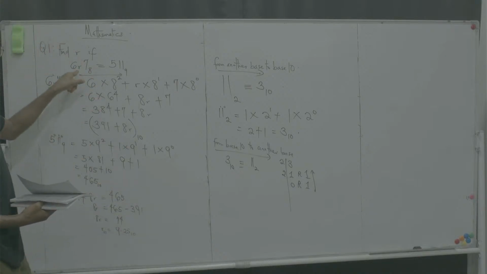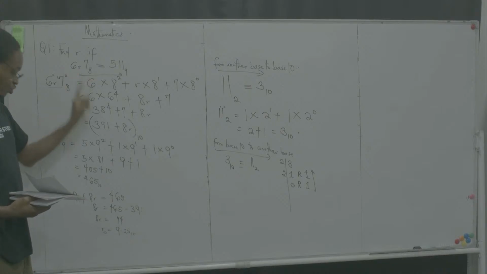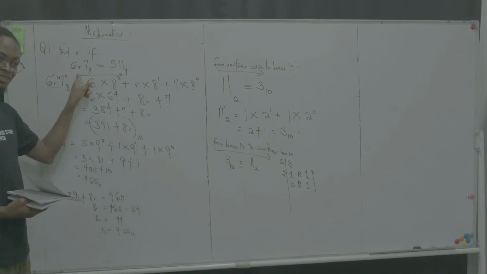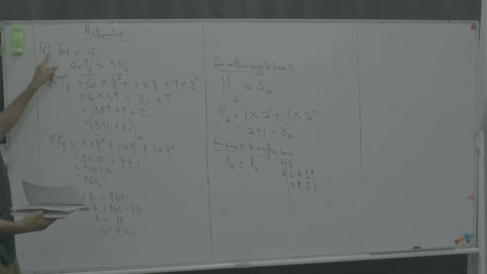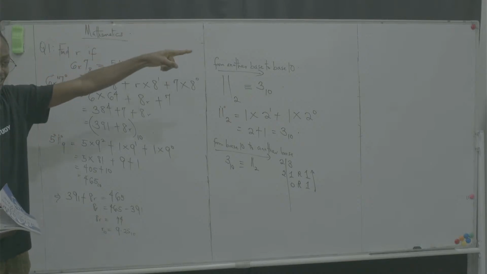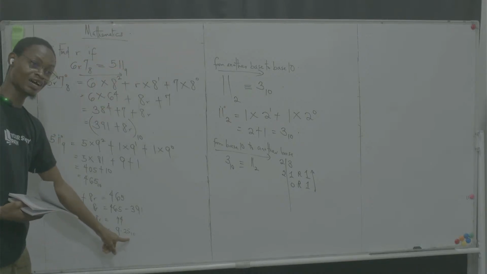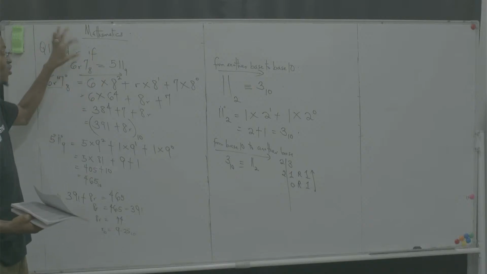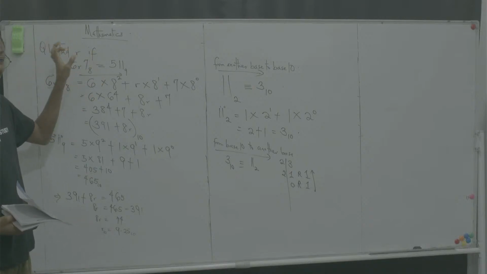So if you want to put the value of r here, you convert this value in base 10 to base 8. If the question says find r in base 8, then you'd have to compulsorily convert this. Just find r, right? This is find r.